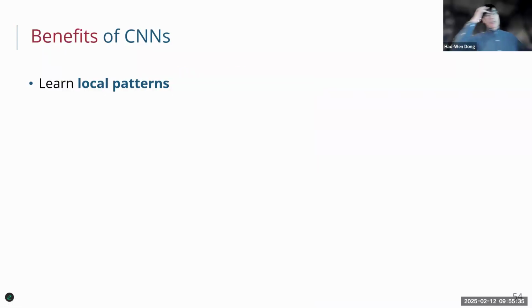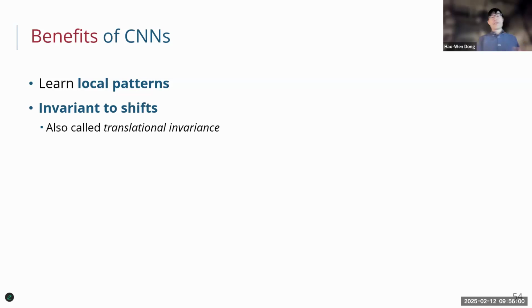Cool. So what are the benefits of CNNs? Just to have a conclusion, it learns local patterns rather than some global thing. But over time, when you aggregate the information and go deeper into your neural network, it learns higher and higher level patterns. And it's invariant to shift.